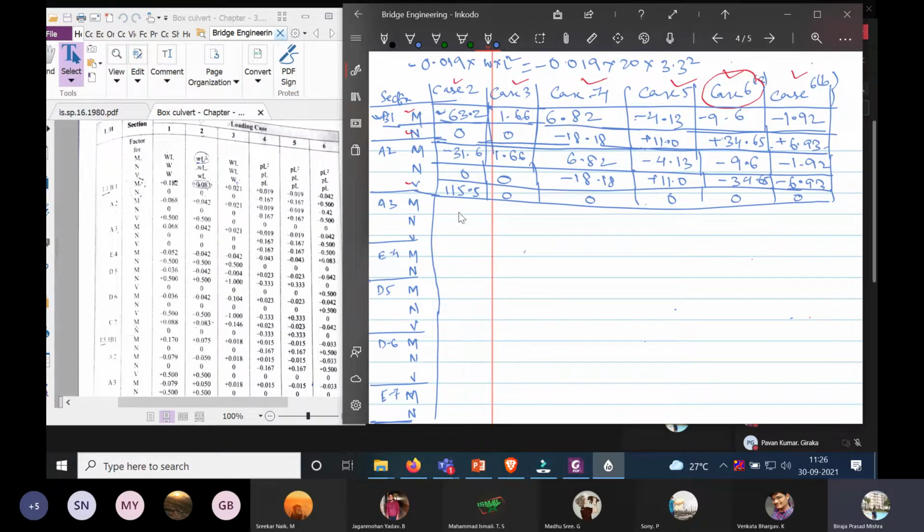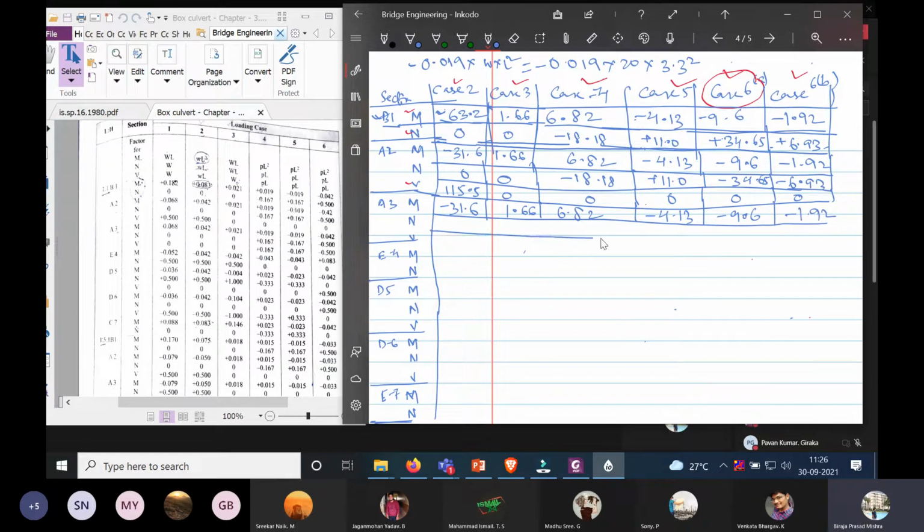Now the moment for section A3. It is minus 31.6, then 1.66, then 6.82, then minus 4.13, then minus 9.6, then minus 1.92.